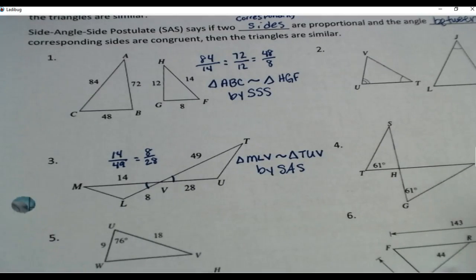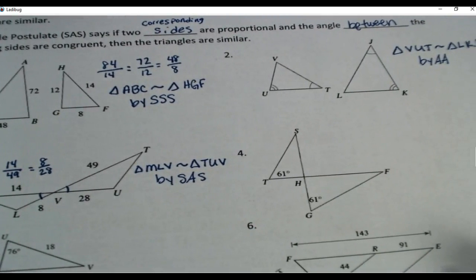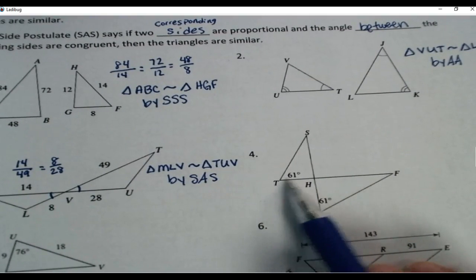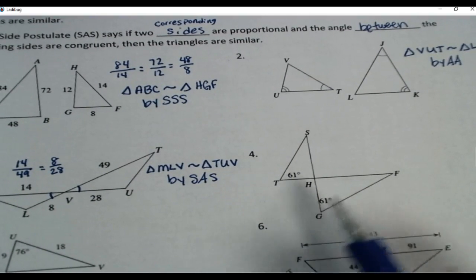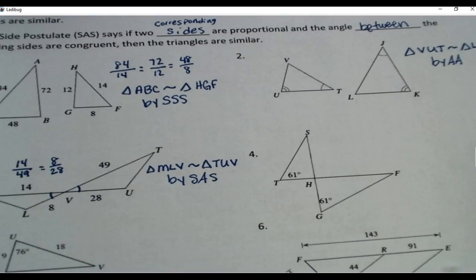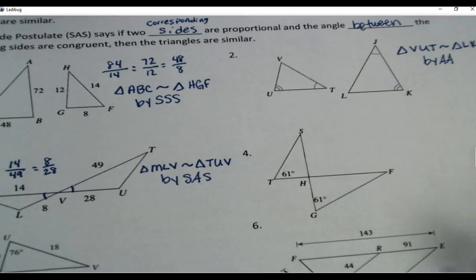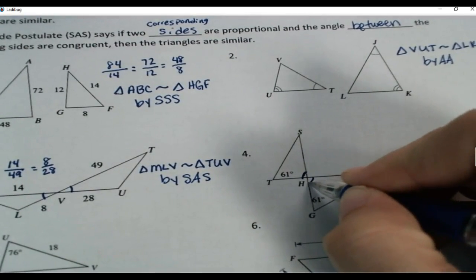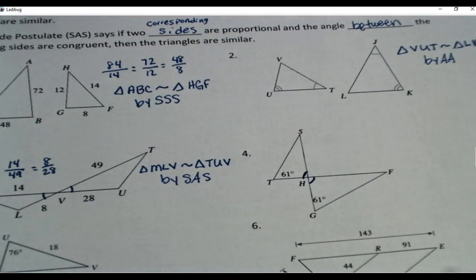Alright, let's look at 4. So number 4, it tells me that T is 61 and G is 61. Do I know any sides? No. But what else do I know in this triangle? Yeah, I know H and H are vertical angles. So then I can say these are similar because of angle-angle.